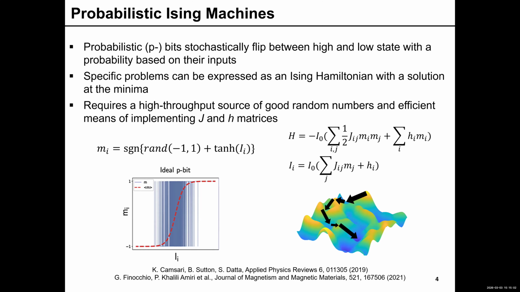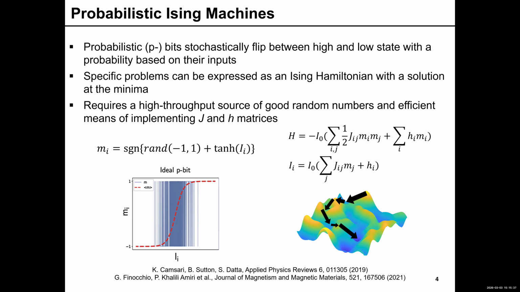Then if you have such probabilistic bits, you can connect them and create essentially a network of those defined by a matrix J, which is again shown here in the Hamiltonian on the right, which essentially is inspired by the exchange interaction of magnetic systems in physics, and a vector H sub I here, which adds a bias upon each of these probabilistic bits.